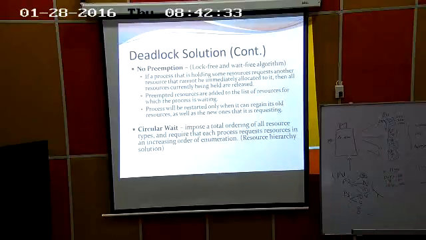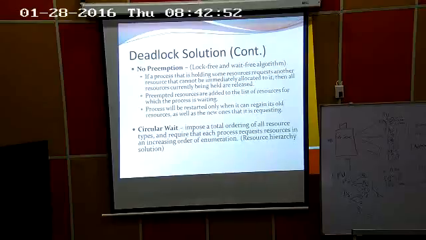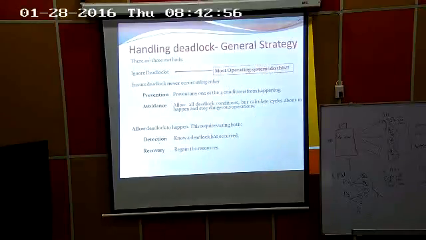Or if circular wait, impose a total ordering of all resource types and require that each process requests resources in increasing order of enumeration. Allows processes to hold, use and release. Make sure that is happening.